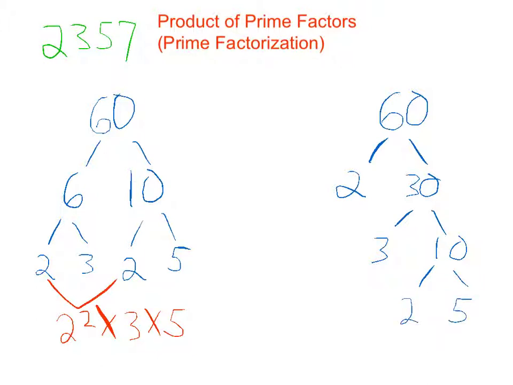I'm not going to bother to multiply 2 times 1, 3 times 1, etc. So if I look at these values here, I get 2 times 3 times 2 times 5. And again, writing that down, I can use exponential notation. So I've got 2 to the power 2 times 3 times 5. Again, I can represent these composite numbers as a product of their prime factors in this way, using what we call a factor tree.